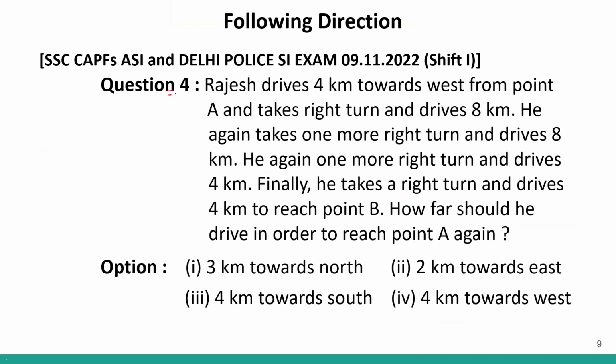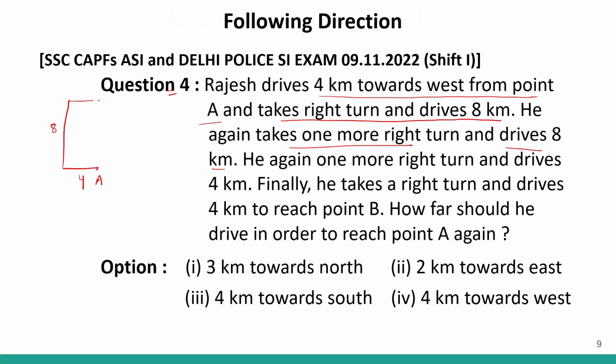Now, question number 4. Rajesh drives 4 kilometers towards west from a point A. So let's say this is point A, and we are driving 4 kilometers west. So this direction. And then he takes a right turn and drives 8 kilometers. He again takes one more right and drives 8 kilometers.